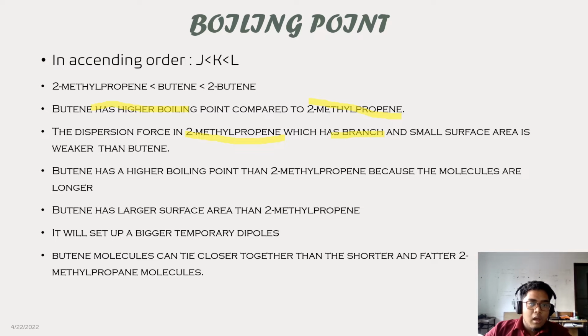As we know, the structure of butene is longer than 2-methylpropene, so butene has a larger surface area that will set up bigger temporary dipoles. So butene molecules can lie closer together than the shorter and fatter 2-methylpropene molecules.